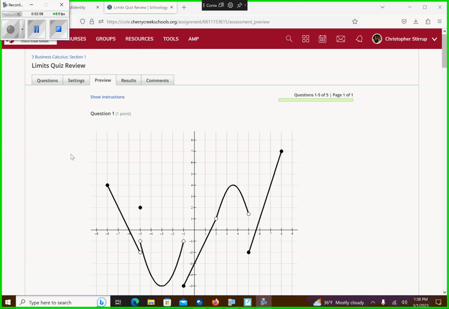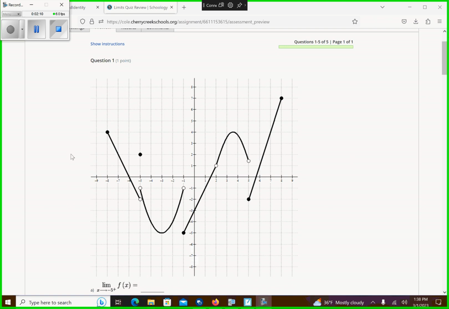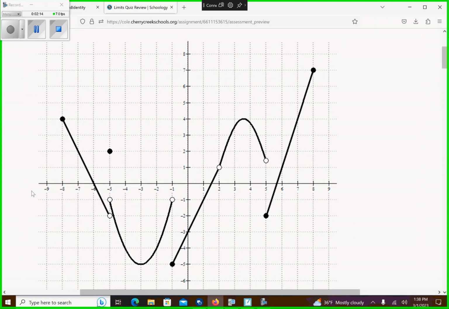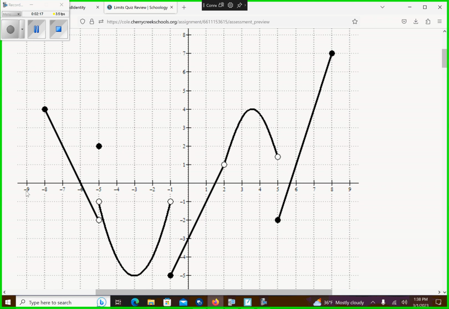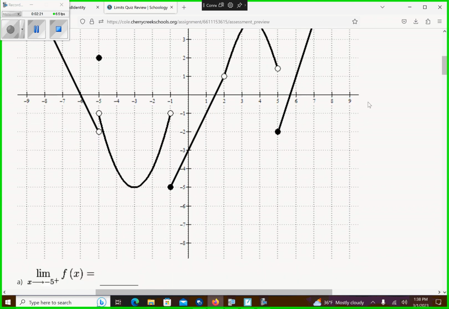All right. Ready? So we're on the boards. What was the very first question? It was, as x approaches -5 from the positive. So following my arrow, I'm going to -5.